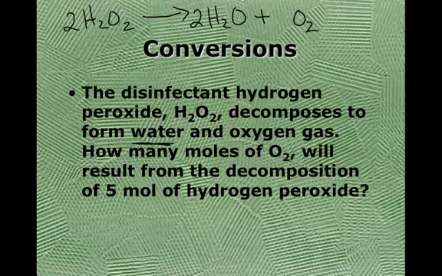Okay, and now how many moles of O2 result from 5 moles of hydrogen peroxide? So I have 5 moles here. So I'm going to start with 5 moles of hydrogen peroxide.